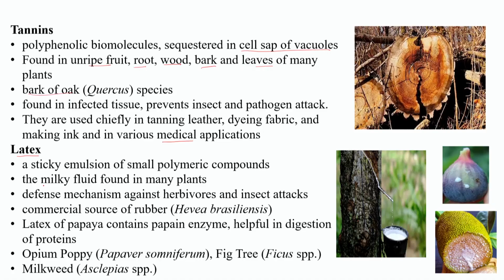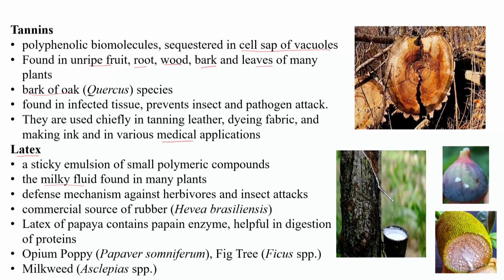We would have observed in many plants, when those plants are cut or wounded, a milky fluid comes out. So basically that is latex. We would have seen it when we cut open a jackfruit, especially if it is not very ripe. In that case a milky liquid comes out. So that is latex.